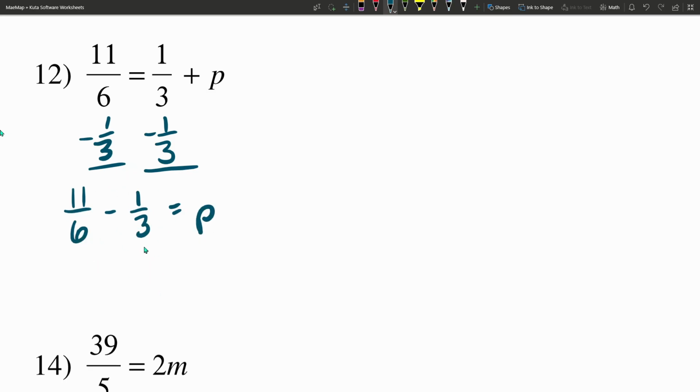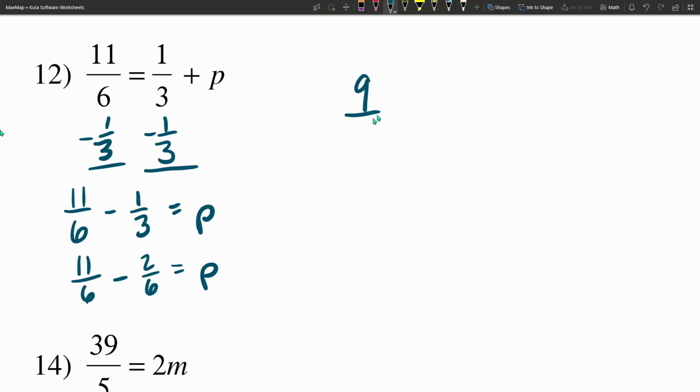Easiest way to do this is just convert this 1/3 in terms of sixes. So I'll have 11/6 minus, what do I have to multiply the denominator by to get 6? That's going to be 2. So I do the same to the numerator to give me 2/6. Again, I just multiply both by 2. So 11/6 minus 2/6, 11 minus 2, that's going to give us 9.